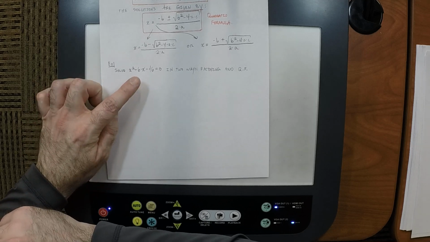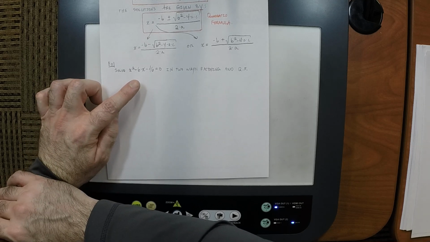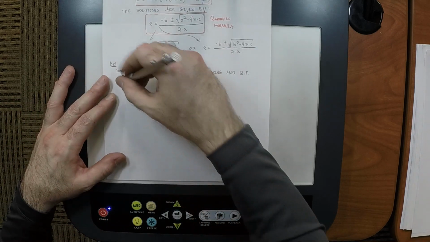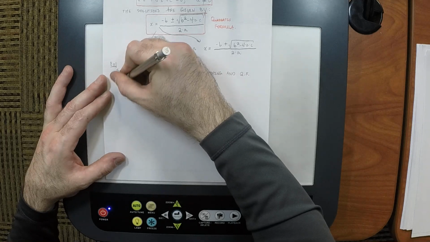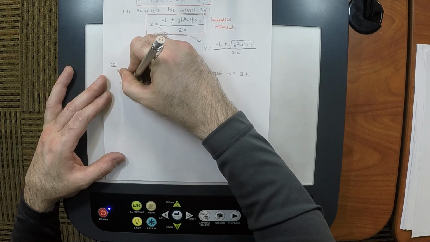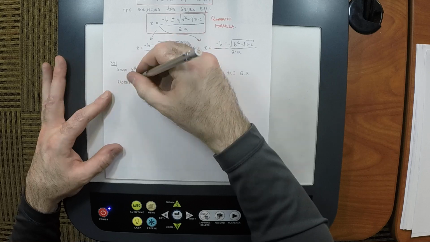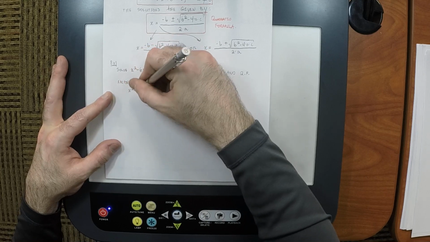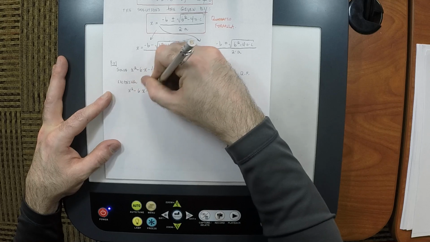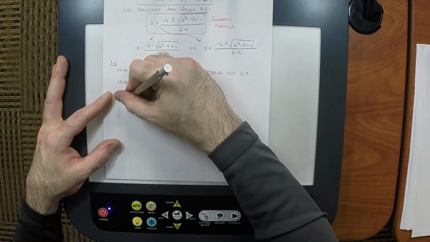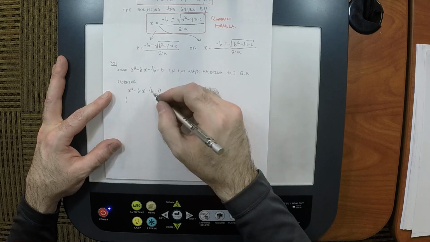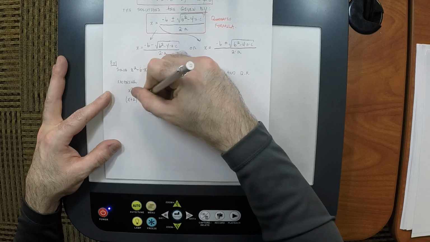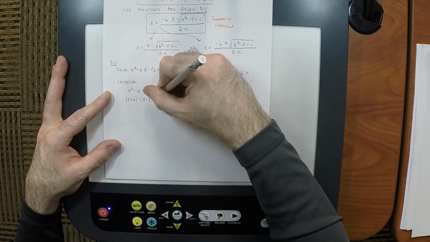So we did this one a couple pages ago, and it was straightforward then, and it's just as straightforward now. So if we do it by factoring, then x squared minus 6x minus 16 is 0, and then two numbers whose product is this and whose sum is that. So x plus 2 multiplied by x minus 8 is 0.